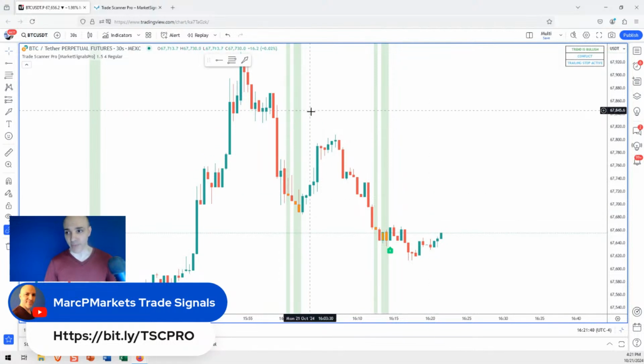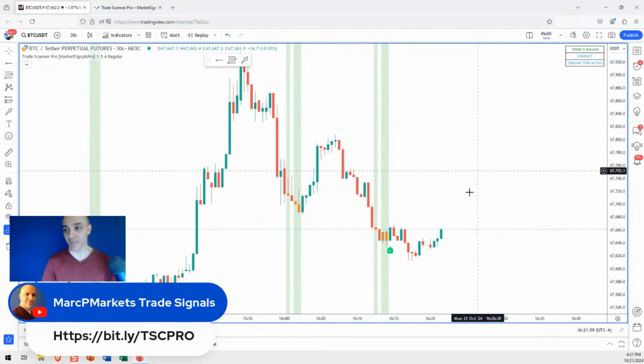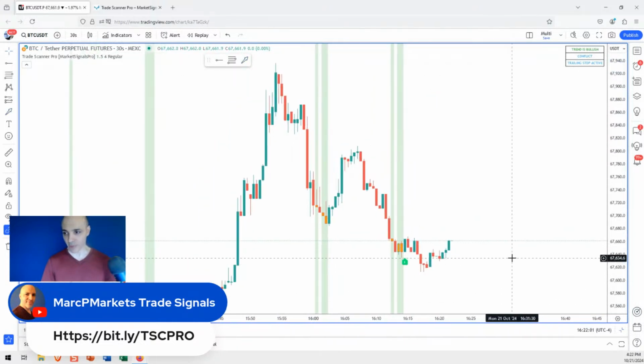So conflict is basically to give you a heads up that the trend may be changing, maybe, but it doesn't guarantee it's going to change, but it might be on this time frame. So remember, this time frame doesn't carry a lot of weight. You have to keep that in mind. But that's what conflict is there for. I don't know, I mean, that confuses people. I don't know if I'm going to keep that, but that's what it's there for. Okay, so it lets you know that the price action is working against the trend and that the trend may change soon.